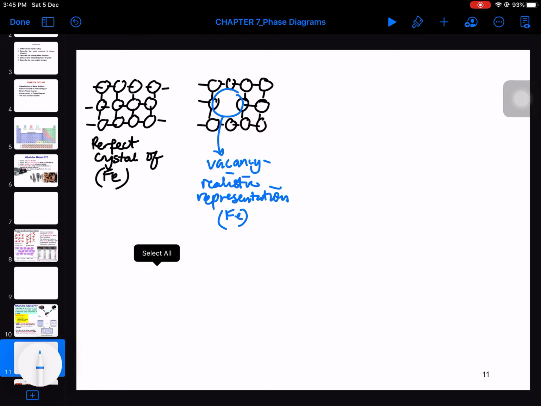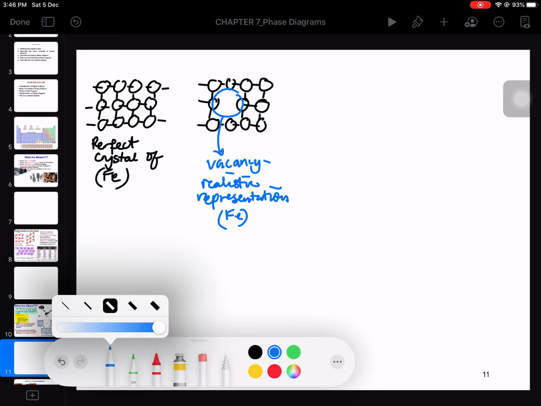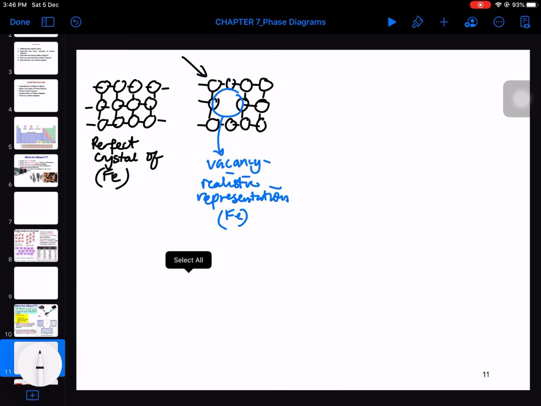Because of the imperfection, such as a vacancy, which occurs within the crystal structure, whenever we apply a load or force onto the material, if the force is high enough that it can surpass the energy barrier, one of these atoms can move and fill in the void, or the vacancy, leaving its lattice site vacant.